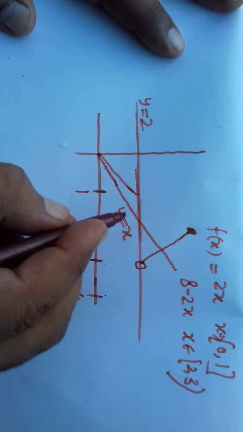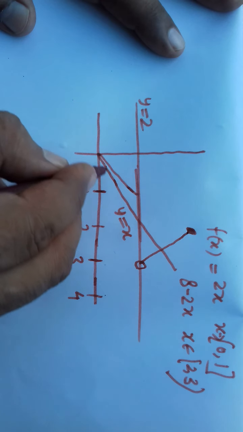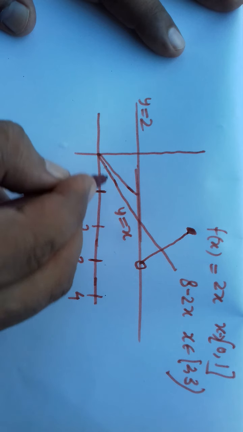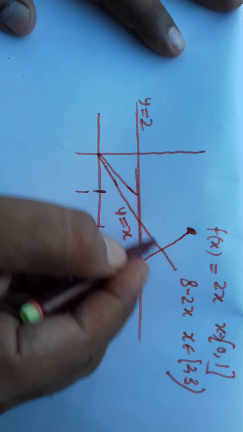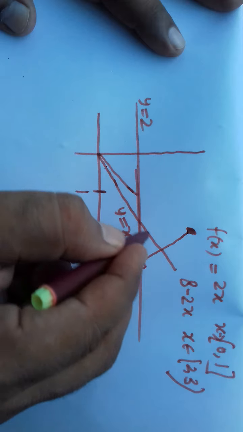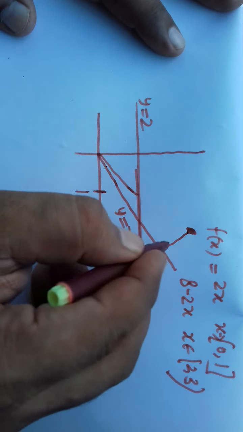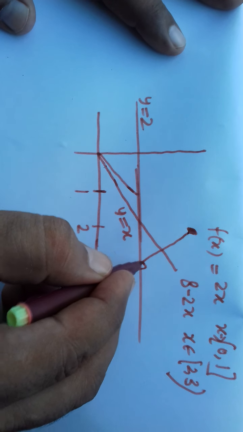If you see, this line is y equals x, and if you suppose this is a mirror, then you can get an image of this line, and also an image of this line.